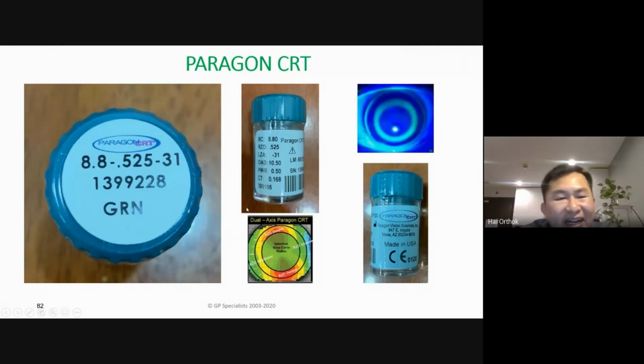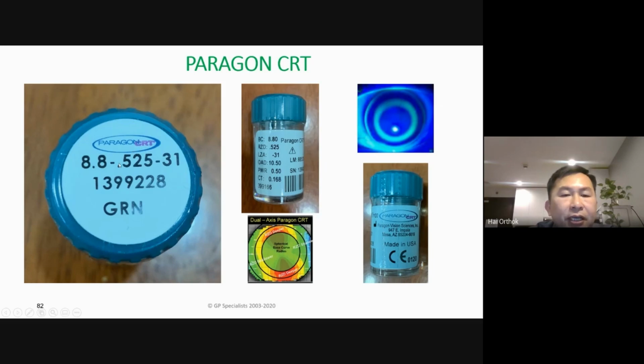Very much like the IC lens, but the Paragon CRT lens uses the first number as the base curve, and every 0.1 millimeter is considered equivalent to a half diopter increase. And the return zone depth, which we call the reverse zone on IC, is used for troubleshooting the Paragon CRT.